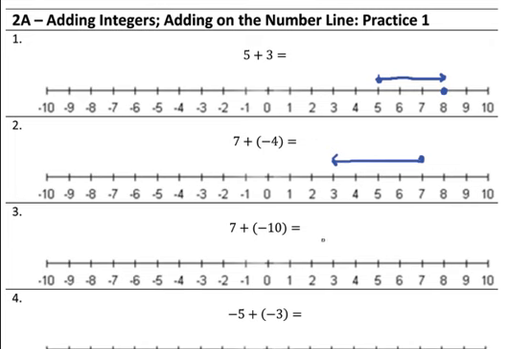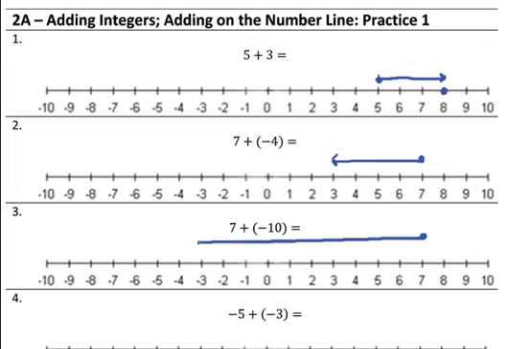All right, here we're doing 7 plus negative 10. So again, we're going to start at 7, positive 7. We're going to go 10 units to the left because we're adding a negative. So that's 1, 2, 3, 4, 5, 6, 7, 8, 9, 10.